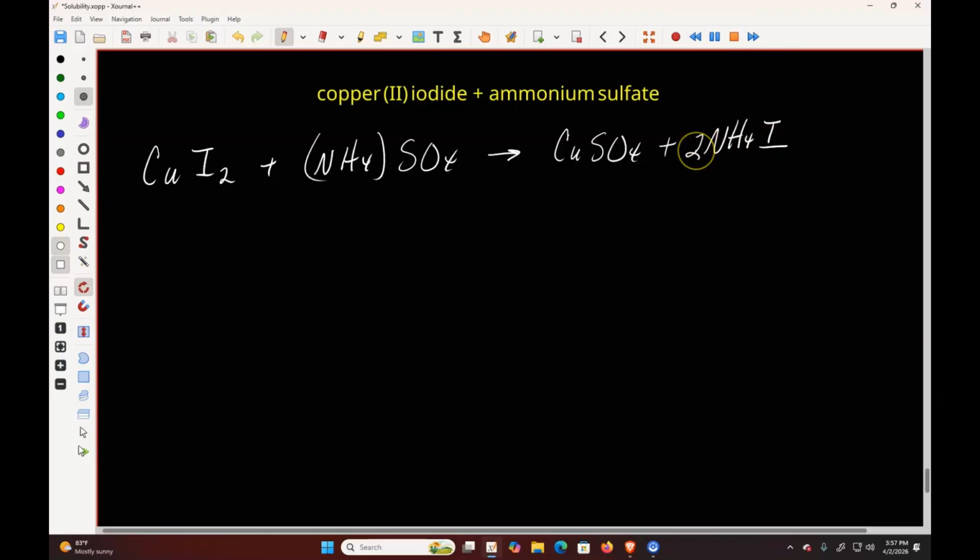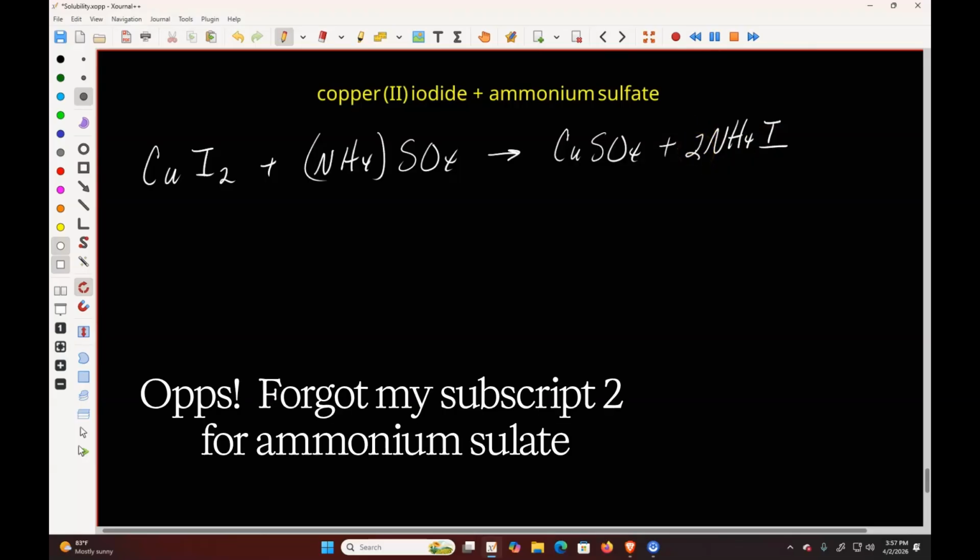Let's balance it. Okay, soluble, soluble, soluble, and soluble. No reaction because everything is soluble all the way across.